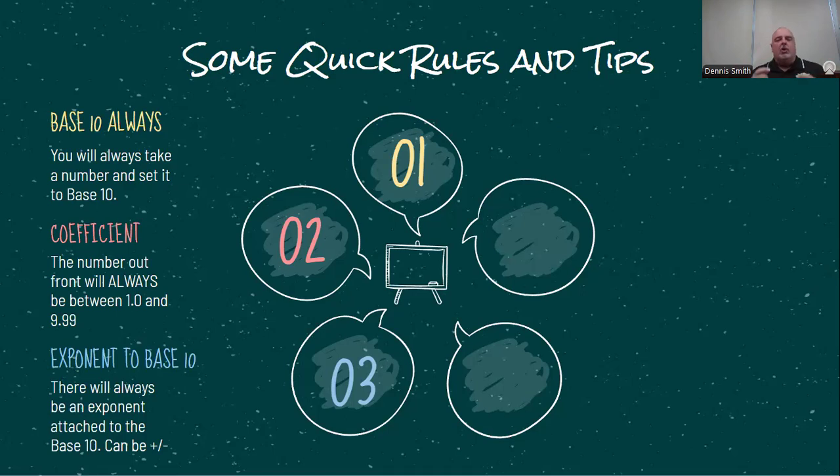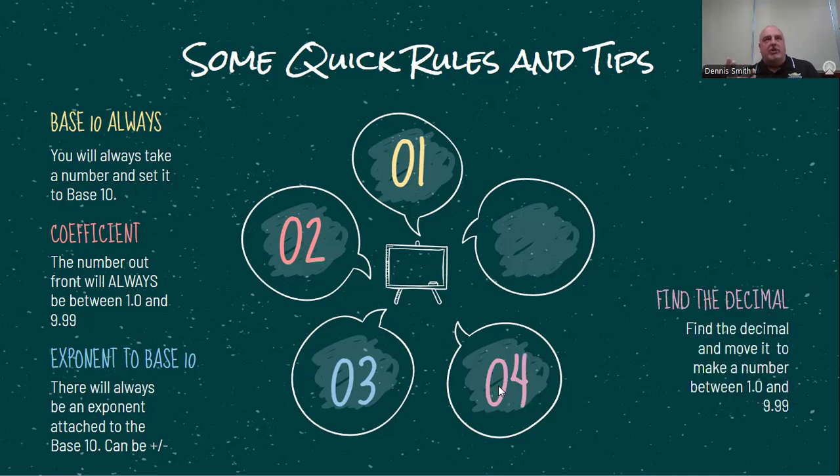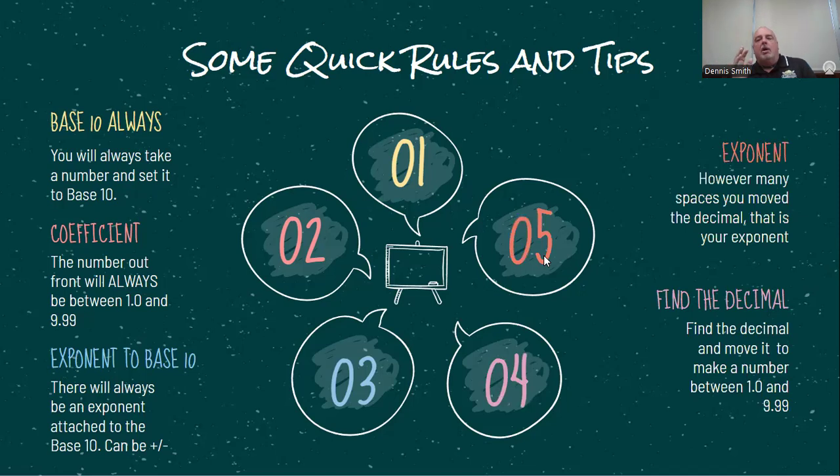It can be either positive or negative, depending on what you start with number-wise. And number 4, find where the decimal is, wherever it is, and then move it to make a number for the coefficient between 1 and 9.99. However many spots you move it, that's going to be your exponent. If you're moving it left, it's going to be positive. If you're moving it right, it's going to be negative.